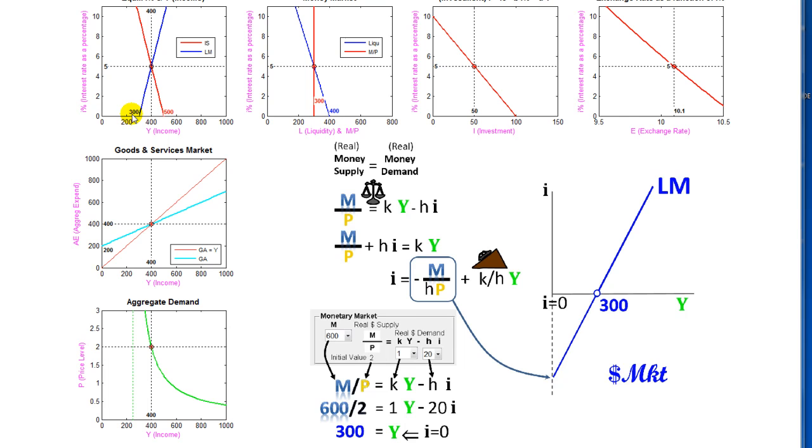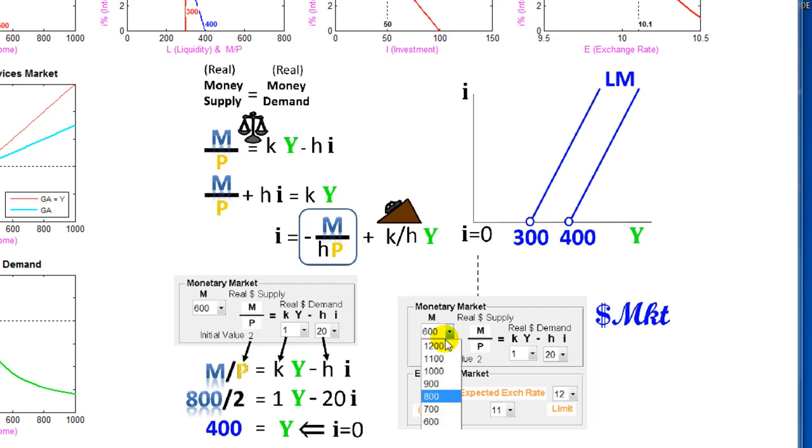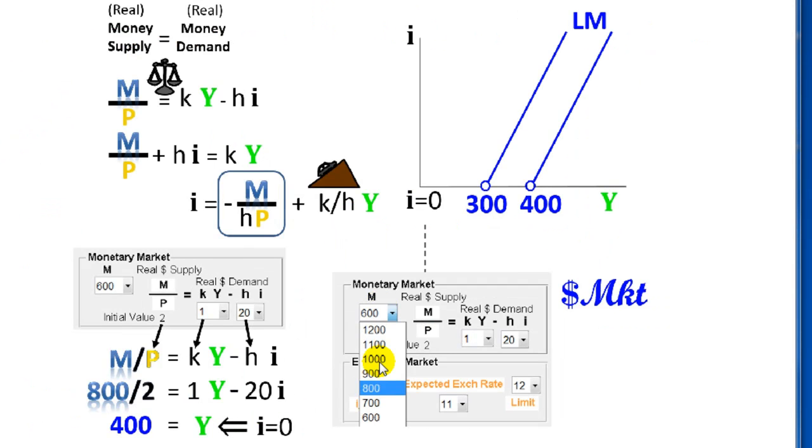Now if we increase M from 600 to 800, then the real money supply is 800 divided by 2, which is 400, so income will be 400, and then the new intercept is going to be 400.